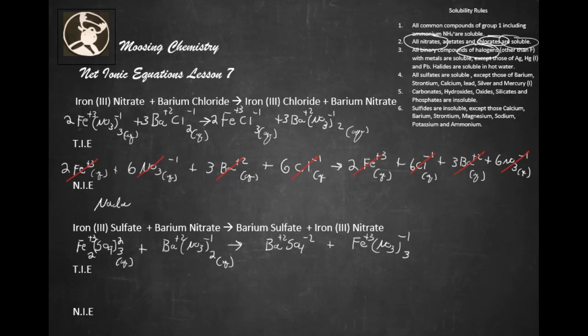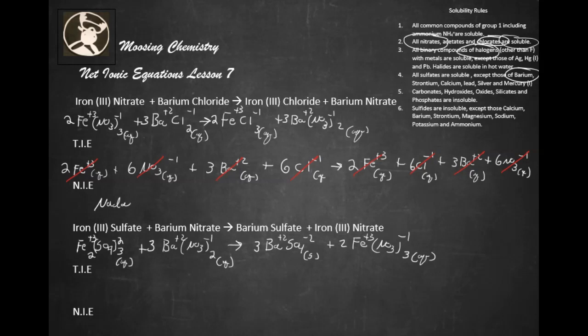All sulfates are soluble except those of barium, and we have barium here, so this is going to be a solid. And then again, all nitrates are soluble, so we're going to get AQ there. So let's make sure we've balanced it. We will need a 3 here, and a 3 here, and a 2 here. And our equation is balanced.